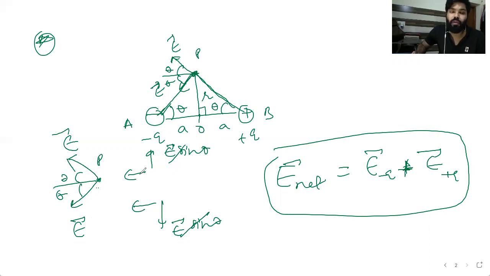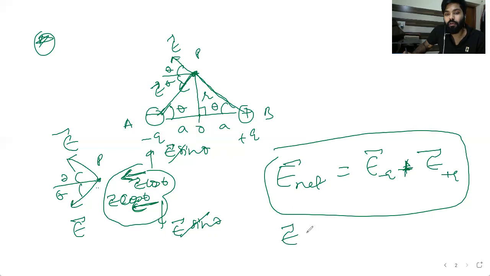Now the leftward electric field is E cos theta, and this is also E cos theta. So the net electric field will add up: E cos theta plus E cos theta, so the net electric field will be 2E cos theta.